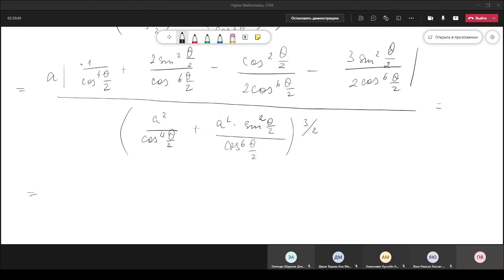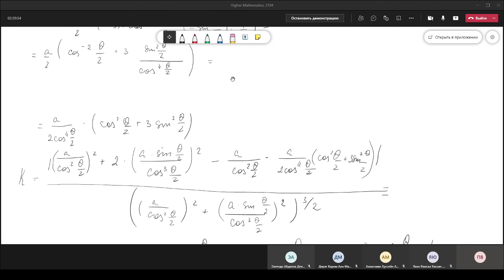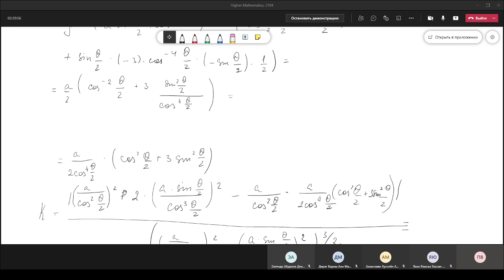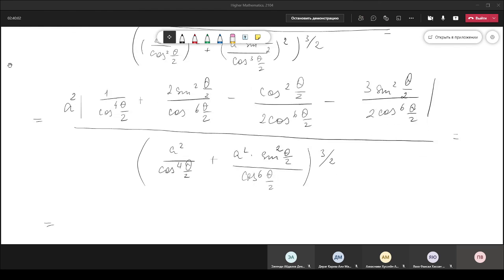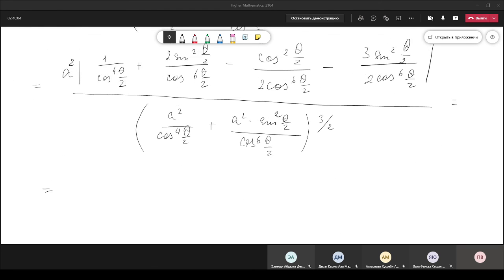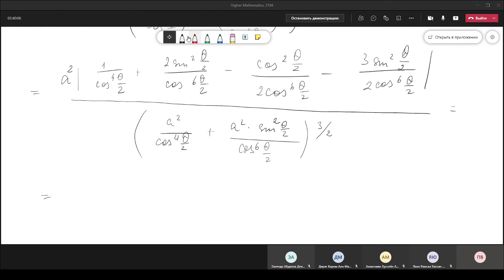Here a squared appears because in this, a times a is always a squared. Maybe both part numerator and denominator, no.